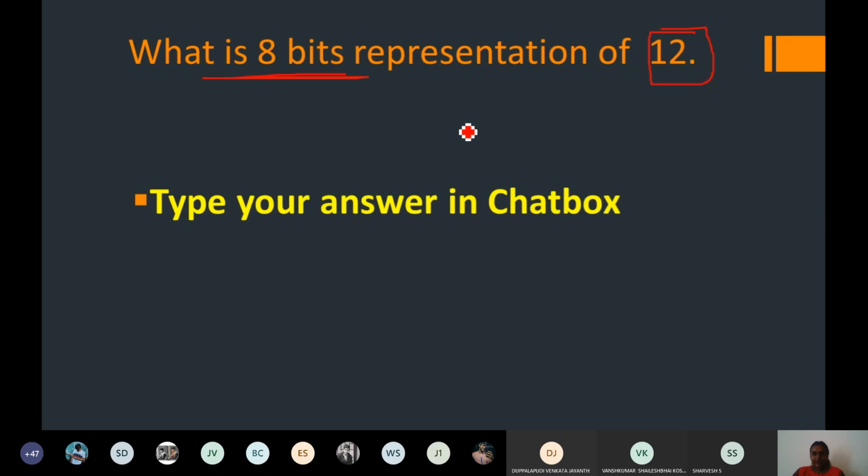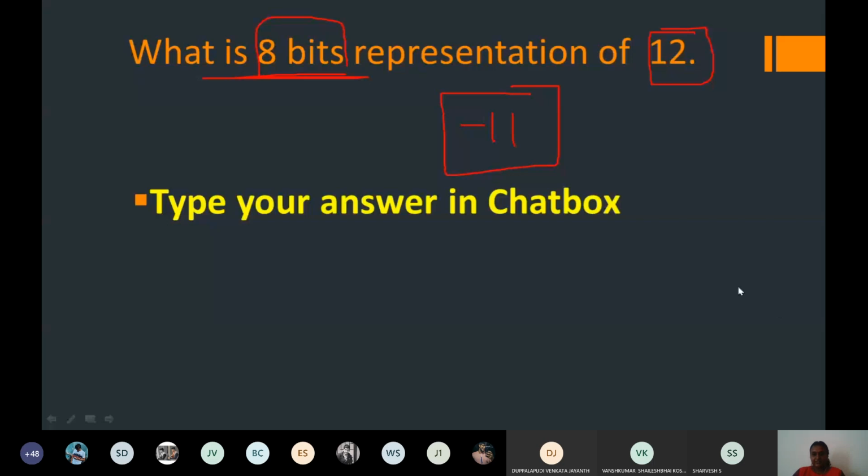Now for minus 11, what is the 8-bit representation? Type in chat for minus 11. What is the answer for minus 11? In 8-bit representation, minus 11, I'm asking.